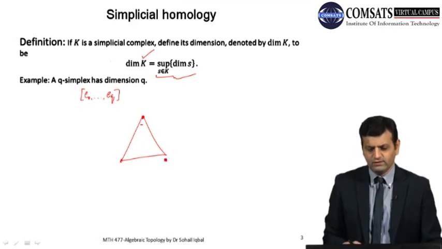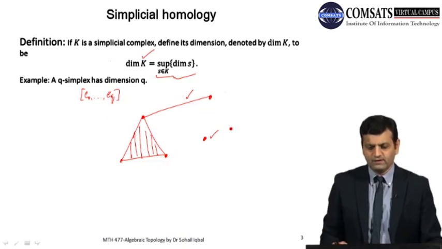These are the vertices, this is a line, this is a point. So a 0 simplex, a 1 simplex and a 2 simplex. This is a simplicial complex.